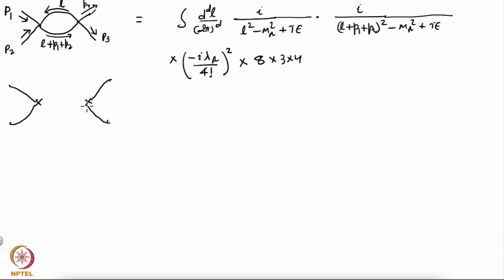This one can go to any of 3. Then this can go to any of the 2, this and that, and this one can go to only this one. Okay, 8 into 3 into 4 into 3 into 2 into 1, which is basically 4 factorial.